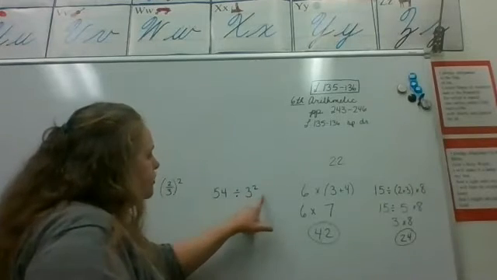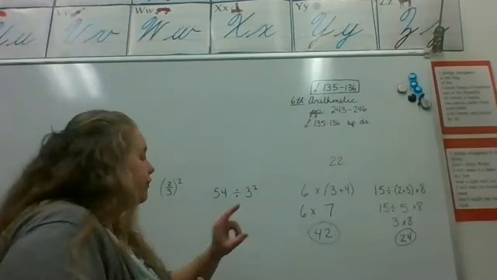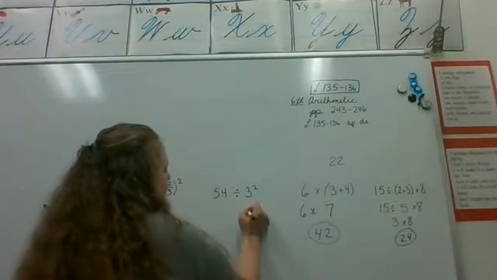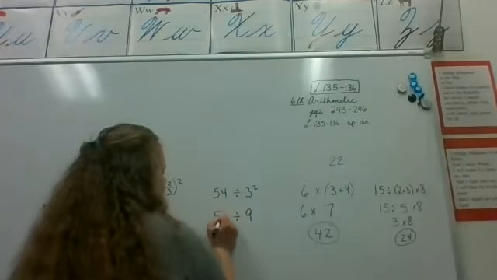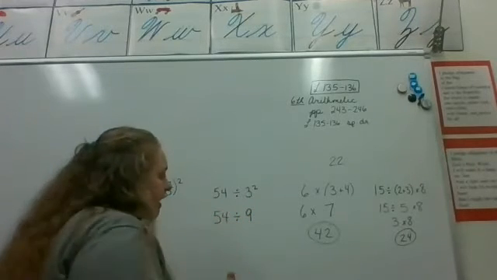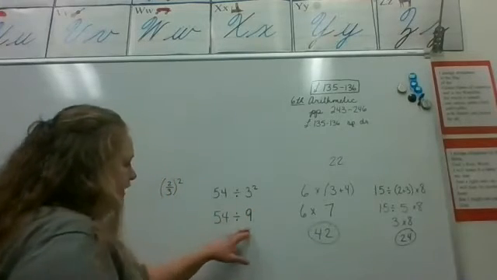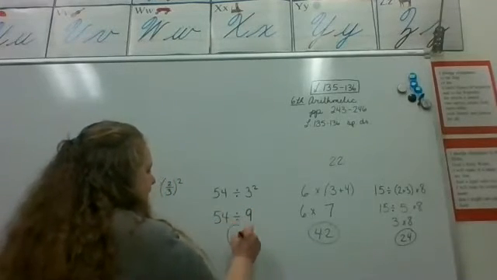So 3 squared means what? 3 times 3, right? Which gives us 9, okay? And now we have 54 divided by 9. We don't have anything else to worry about. We can just do 54 divided by 9, and that gets us 6, okay?